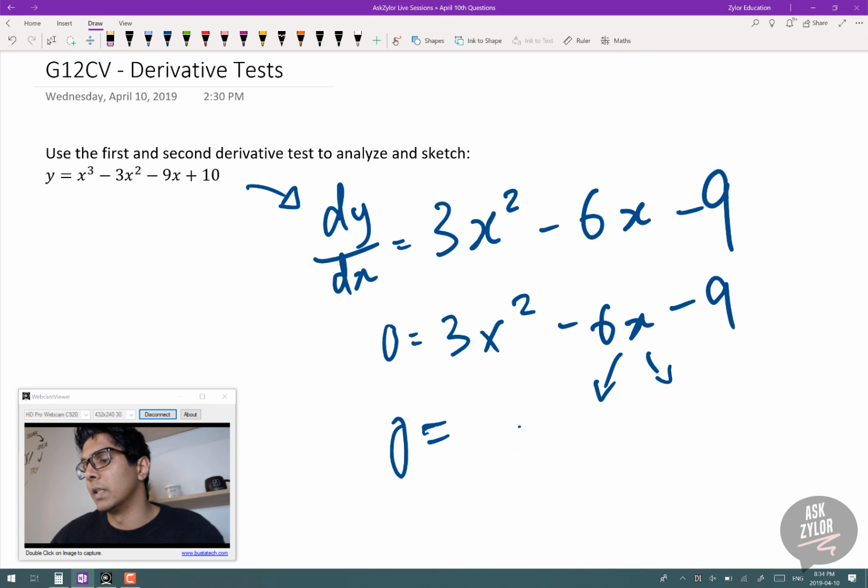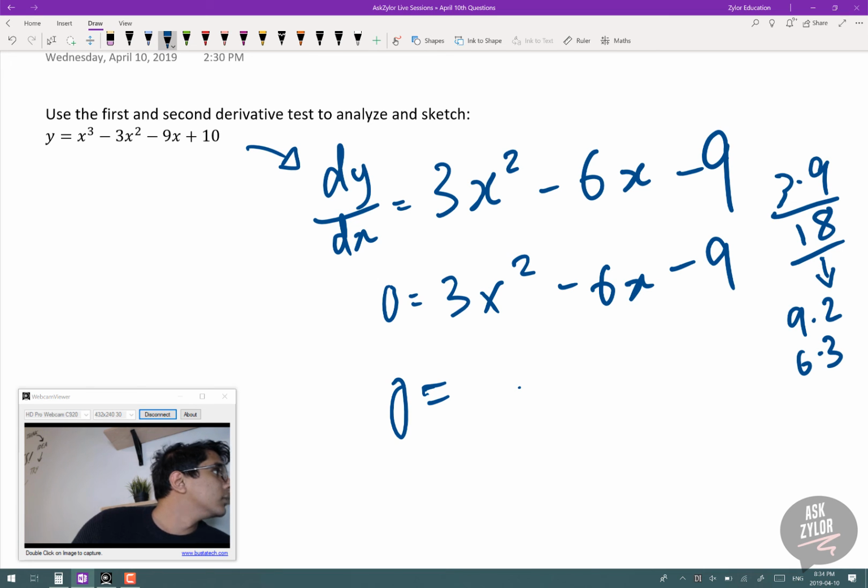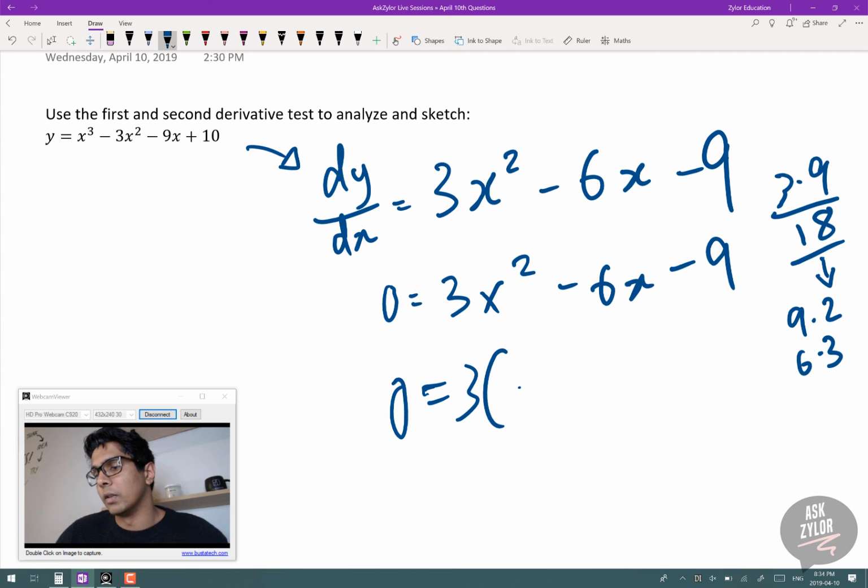So what we're going to do is factor this by looking at factors for 3 times 9, which is 27, and factors which add up to negative 6. But before we do this, we should be factoring out the common term.